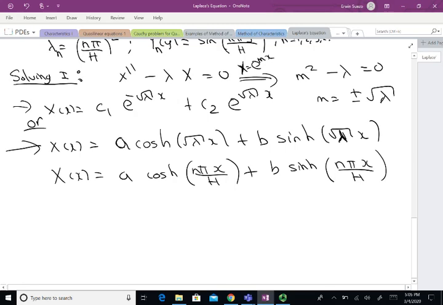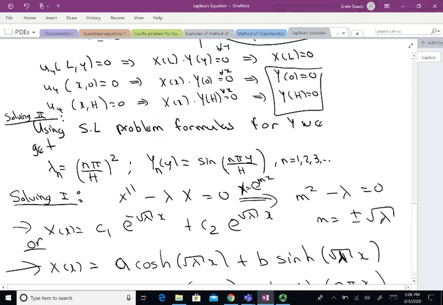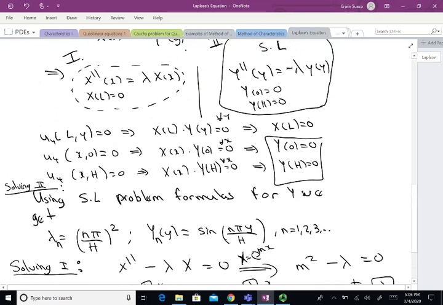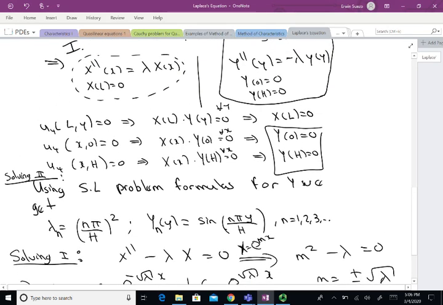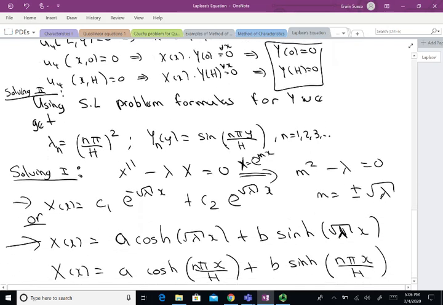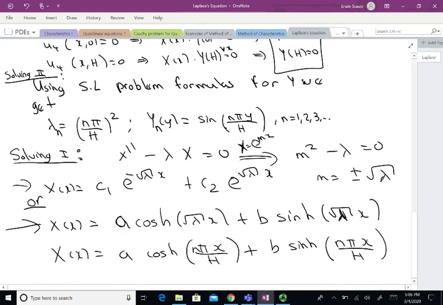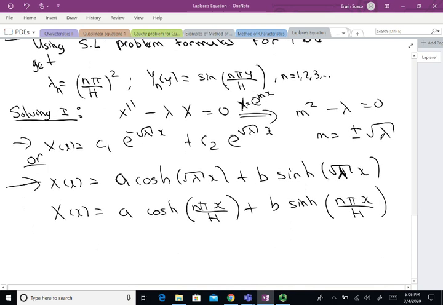But then we have the condition x of L equals 0. Oh sorry guys, it's L. So we have the condition x of L equals 0. When you plug in, you're going to see that you don't get too much, right?